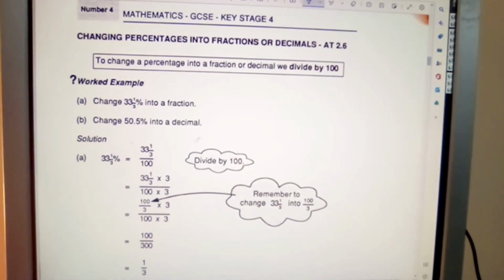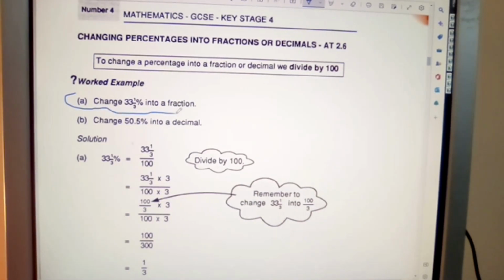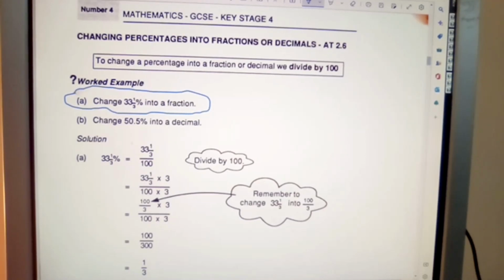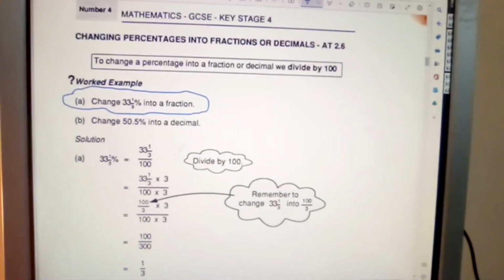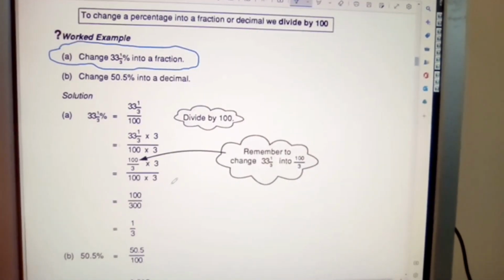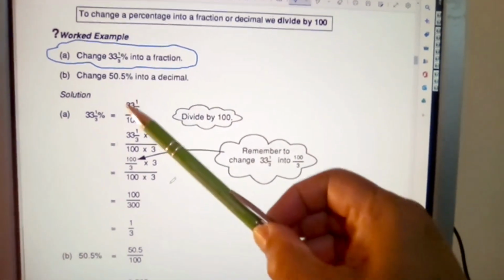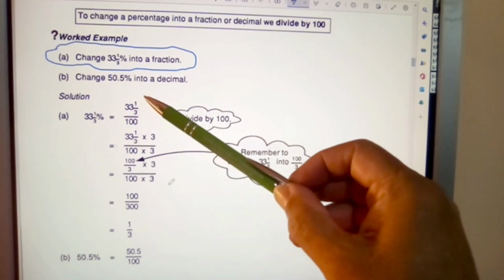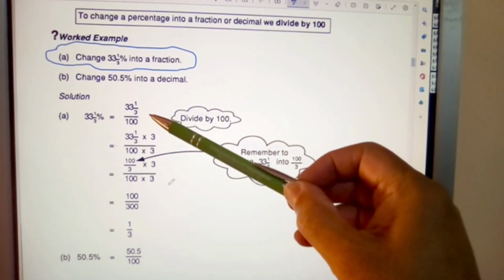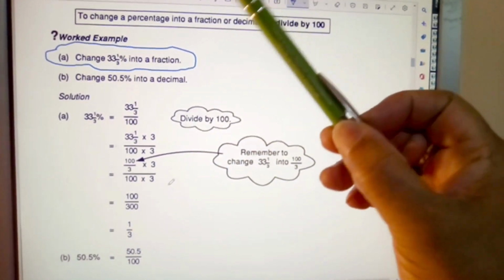And here's the one that we're going to look at here, this one first, okay? And here's our solution. We can put this as 33 and a third or 33.33 recurring, okay?